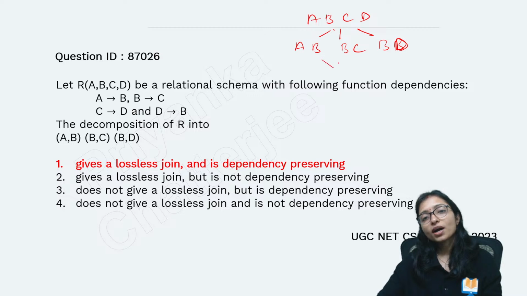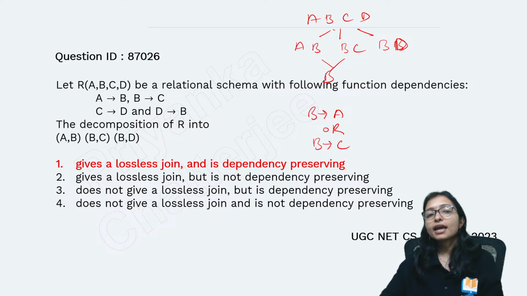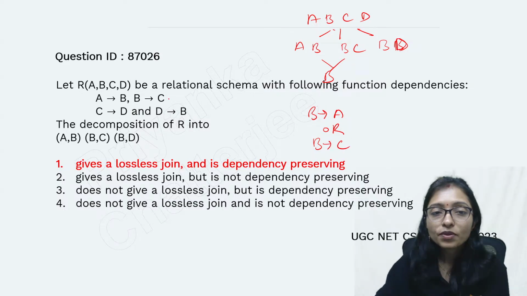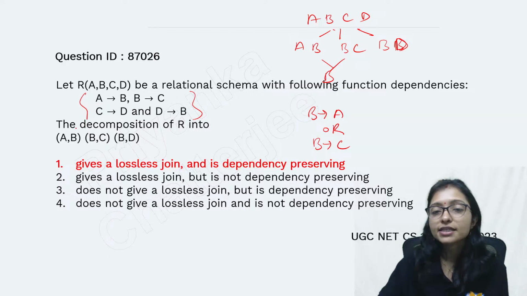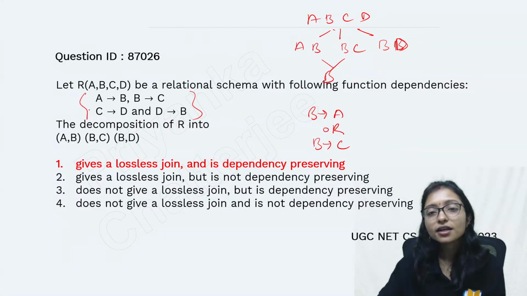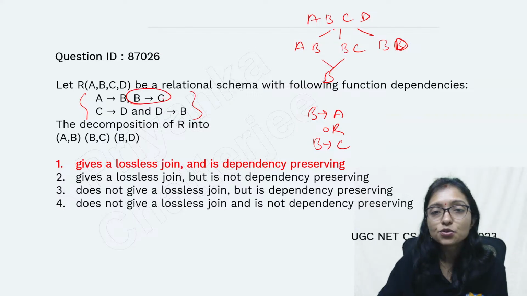Now you can see what is the common here? B. B is the common. You have to find out that B implies A or B implies C. Any of them is present here. Out of this functional dependency, you have to see any one is present here. B implies A or B implies C. Yes, B implies C is present.